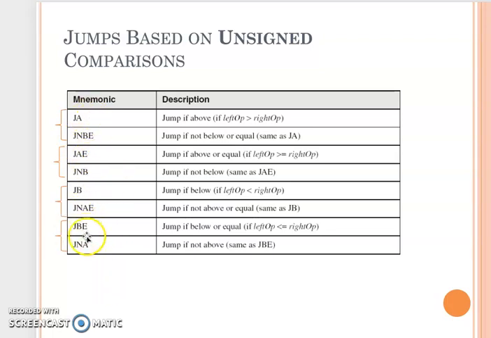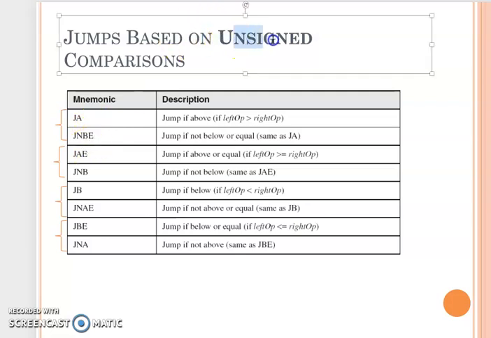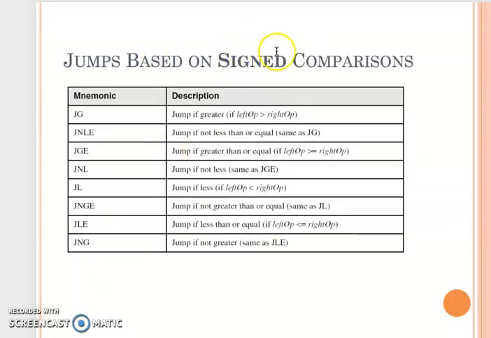Okay, so you need to be careful when you're using different jumps. When we consider above or below, we are considering unsigned integers. We treat the values as unsigned, and then you can do the conditional jump. But if you are jumping based on signed integers, then we consider greater than or less than. The same thing, if your left operand is greater than your right operand, you do JG or JNLE.